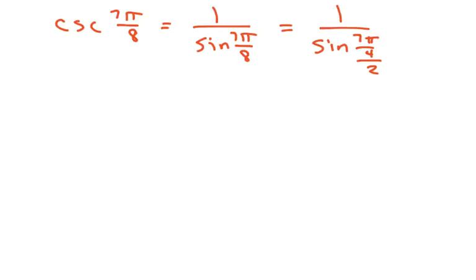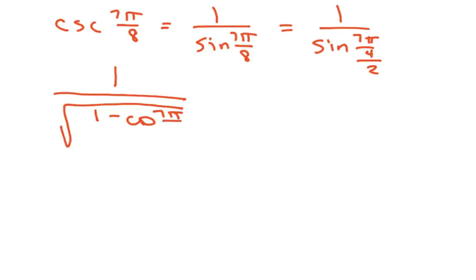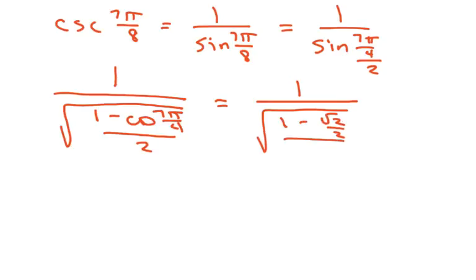Now, we know that cosecant of 7 pi over 8 is going to be positive, so we're going to use the positive, and we're going to get 1 over square root of 1 minus cosine 7 pi over 4, divided by 2, which equals 1 over square root of 1 minus square root of 2 over 2, divided by 2.